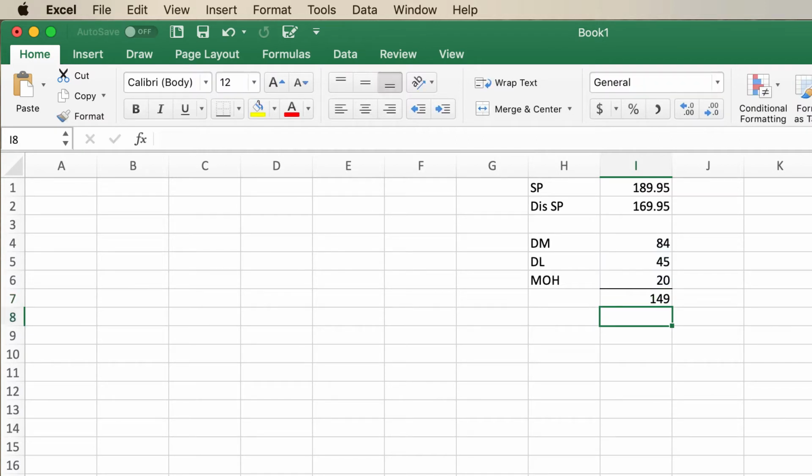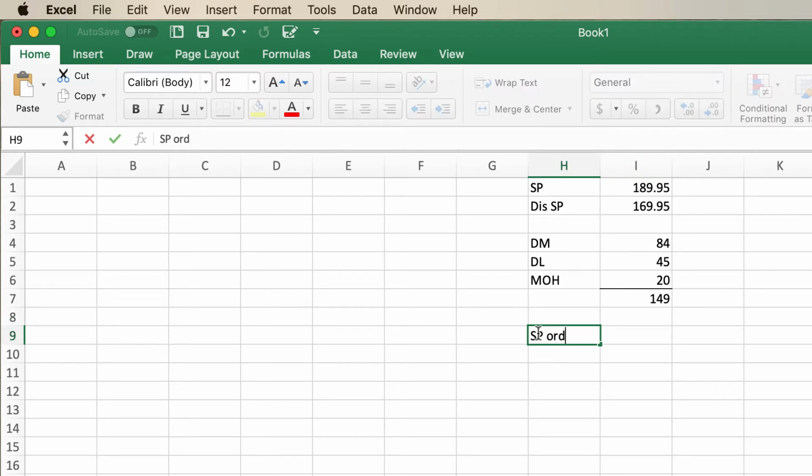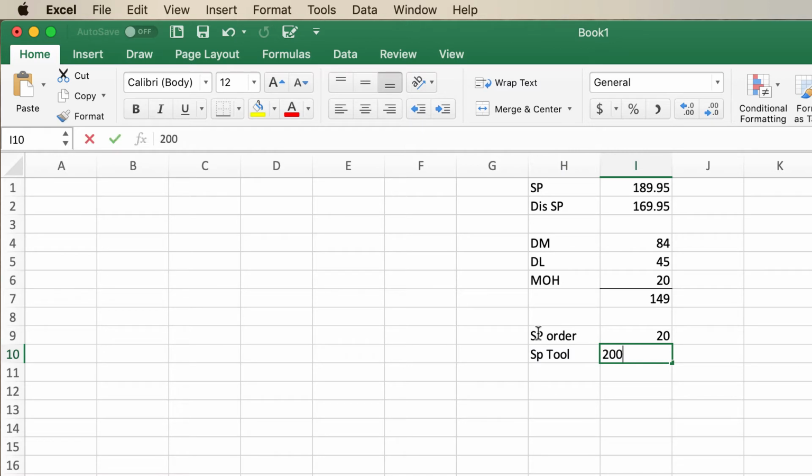Okay, so they give us a little more information. They want 20 gold bracelets. So the special order, they want 20 bracelets, and again they want to pay $169.95 for it. But in order to do this, we need to buy a special tool, and that special tool costs us $250.